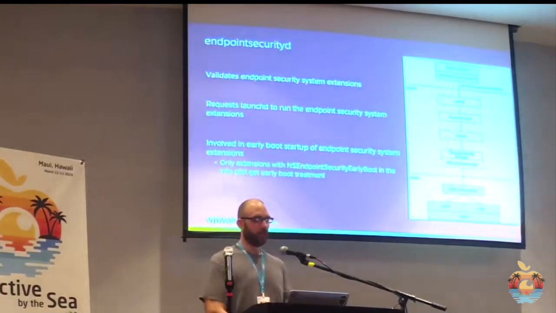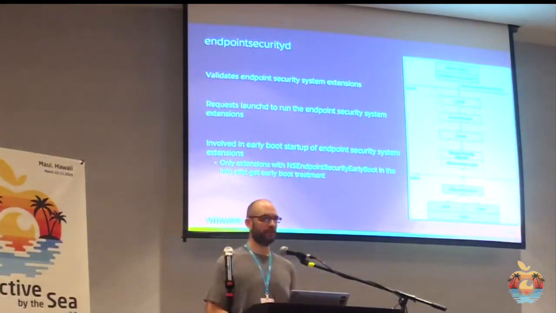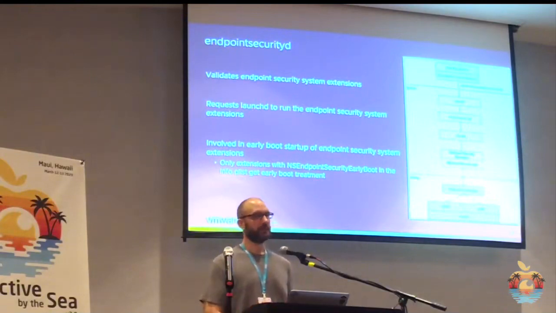If we go up one more level, then we'll get to Endpoint Security D. And again, I mentioned this was what I originally thought was going to be doing most of the communication with the kernel driver, which was not the case. I originally was anticipating that your system extension would talk to this daemon and this daemon would talk to the kernel.